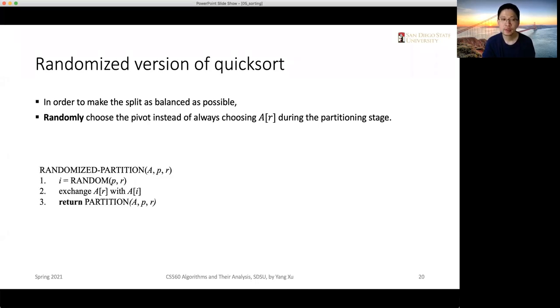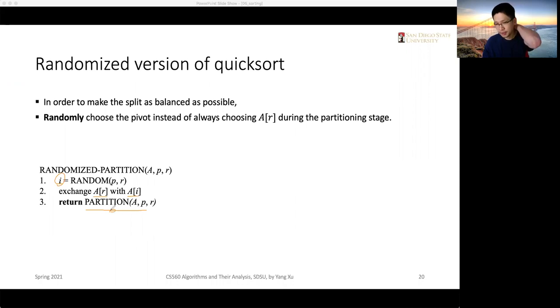So in this new version of the partition procedure, which we call the randomized partition, we just randomly choose an index, exchange the position of the last element with it, and call the original partition again.